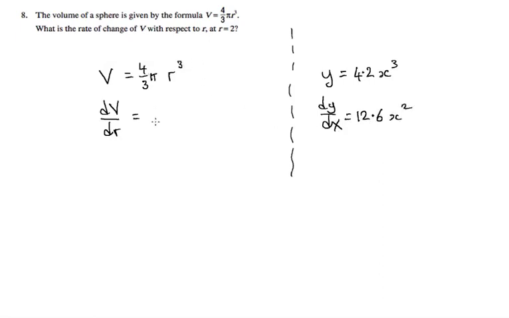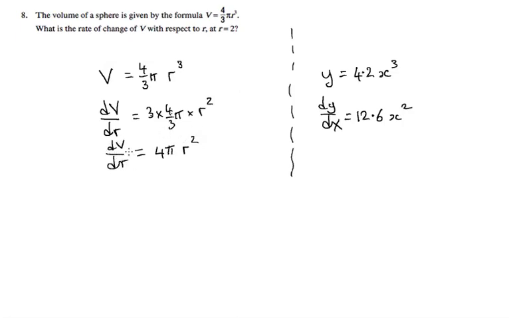So it's 3 times the number 4/3 of pi, and that is just a number, times r squared. The 3s cancel, and we're left with the 4. 3 times 4/3 is just 4. Pi r squared. So that's what dv by dr is.